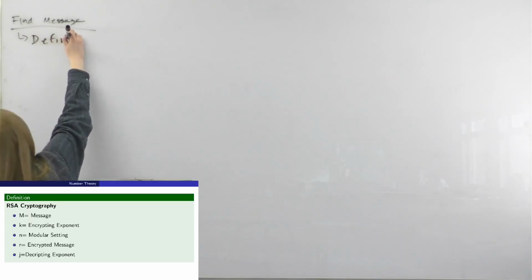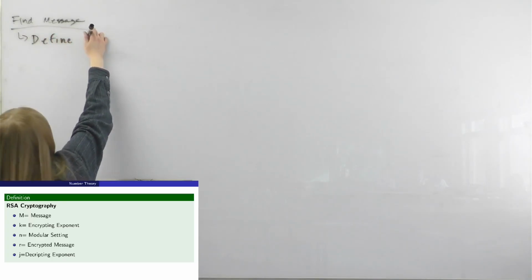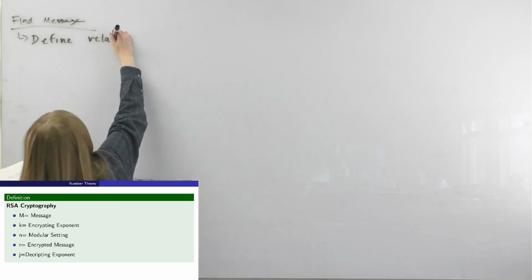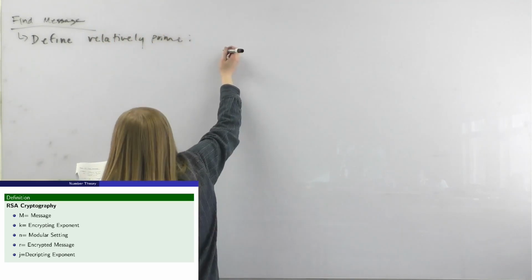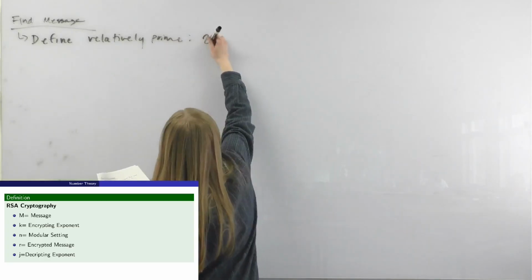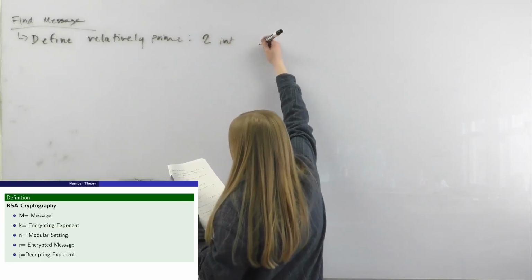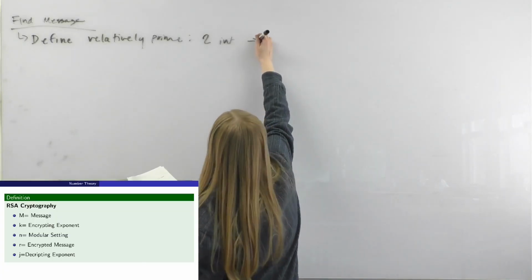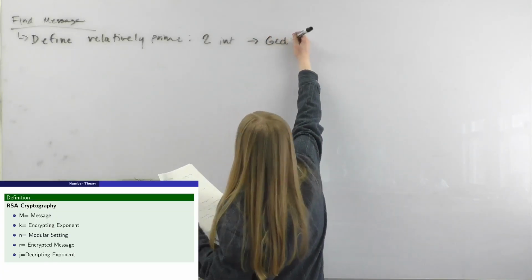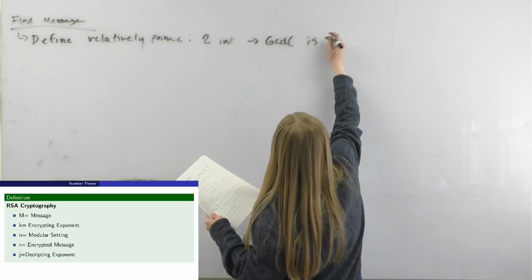Maybe I should have done this before, but better late than never. Two integers are relatively prime if they have no factor other than 1 in common. So if their GCD is 1.